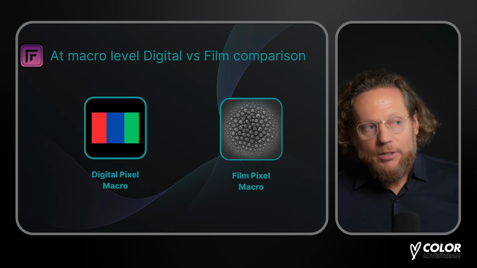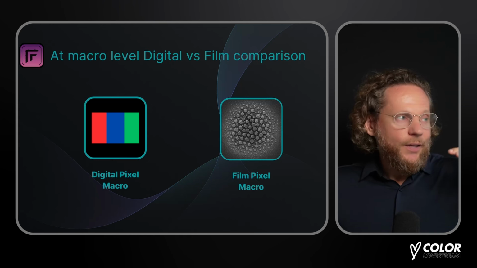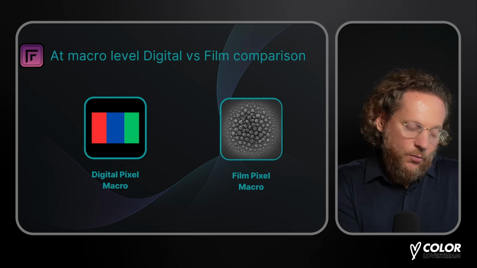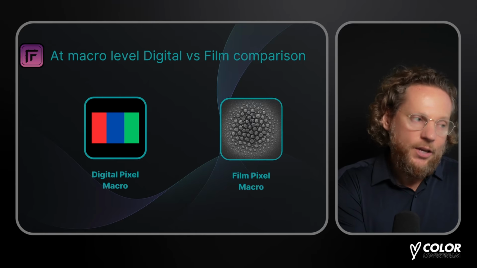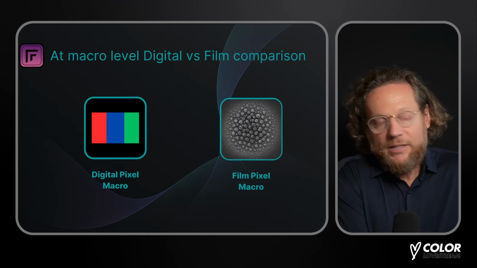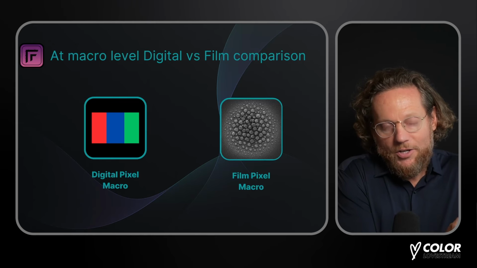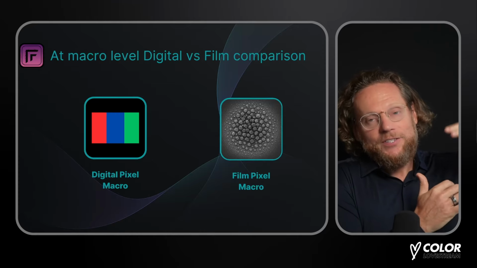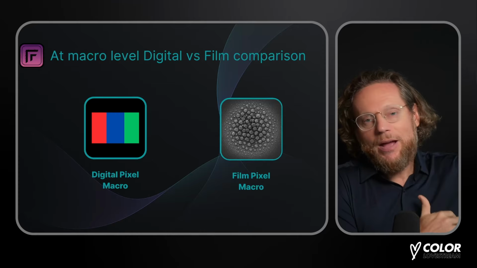So at the macro level, what we want to see and analyze and understand is that we deal at one end with digital cameras that have RGB pixels, and a very hard surface that light hits and sometimes bounces off.